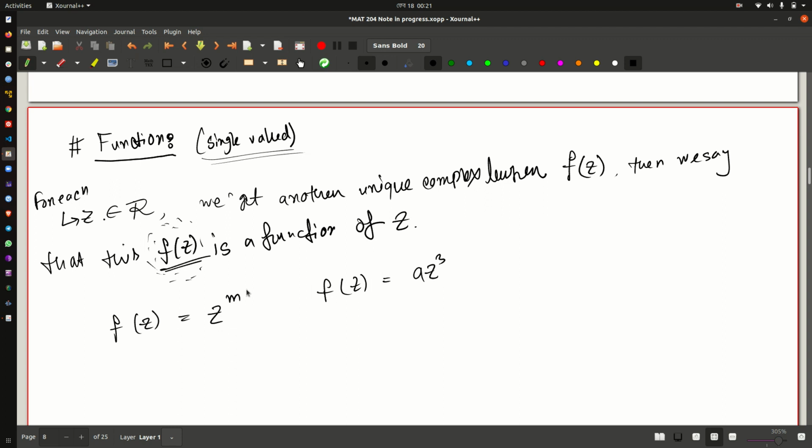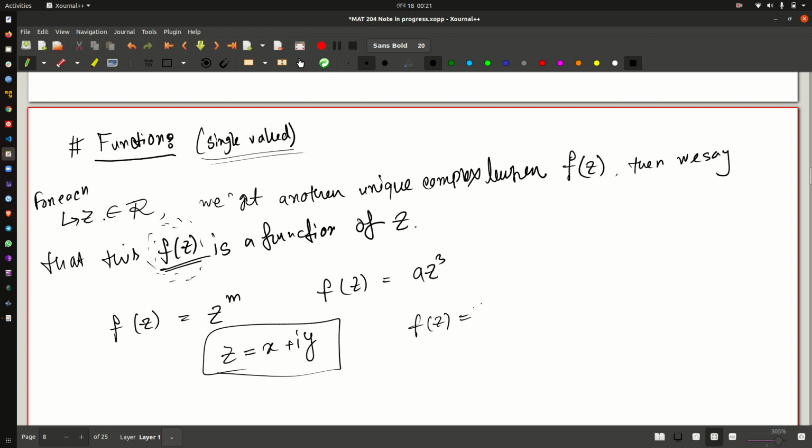Now what you can do is write z as x plus iy in this format, right? So what is the format of this f of z, you ask? In terms of the Cartesian coordinates or the polar coordinates, how can you write that? Well, let's take a very simple example.